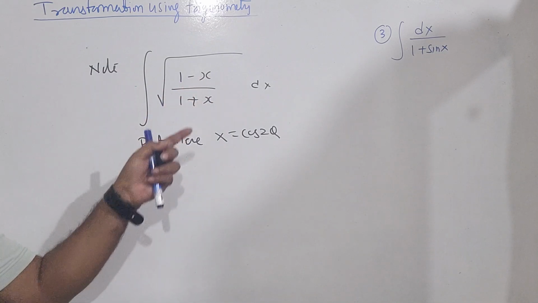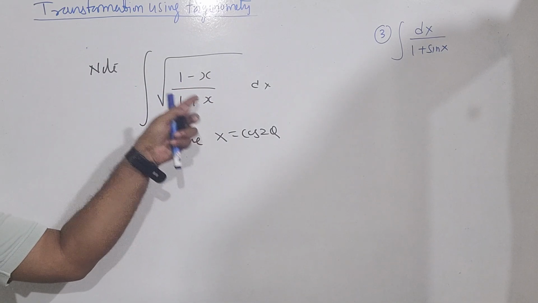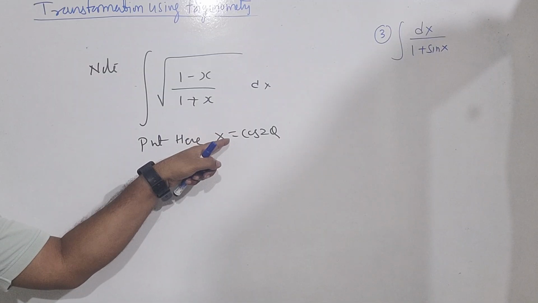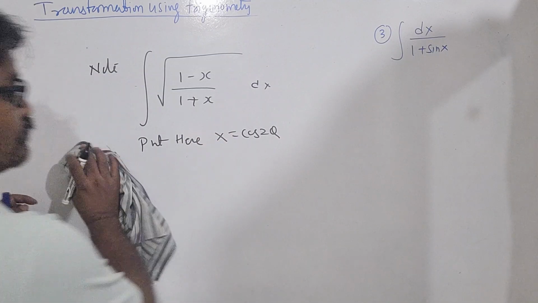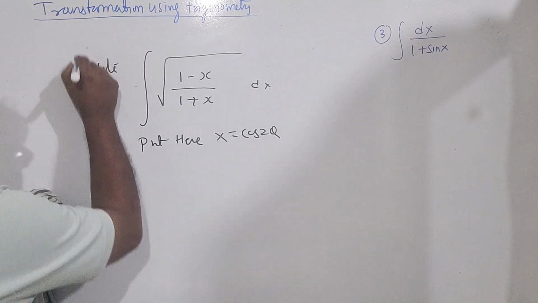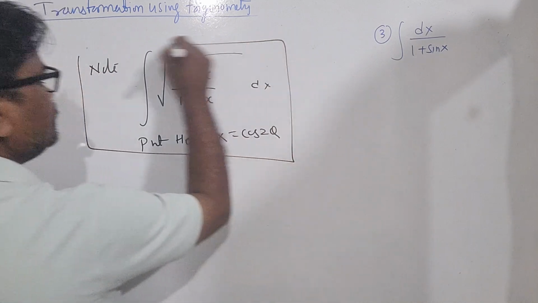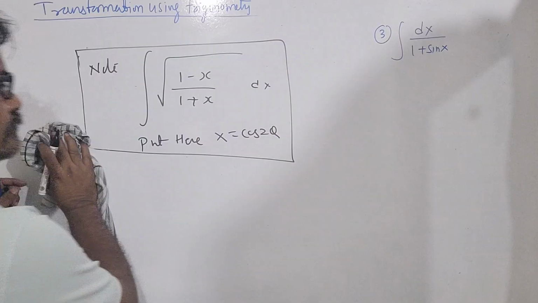So it becomes 1 minus cos 2 theta, 1 plus cos 2 theta, when we put x equal to cos 2 theta. From the last two problems we come to this important aspect. Please note it. Correct? Okay.